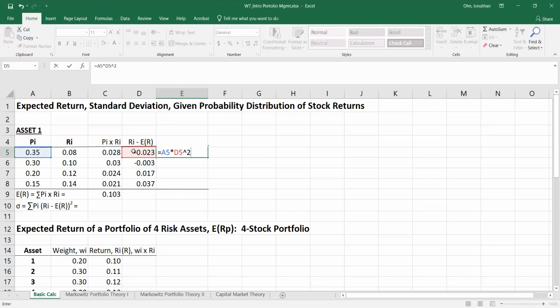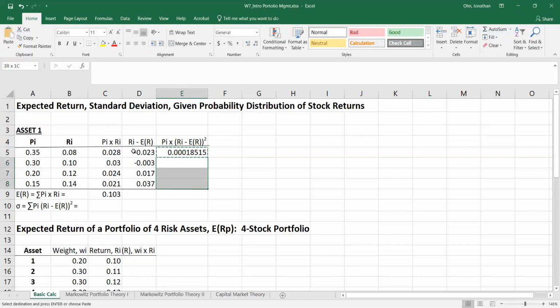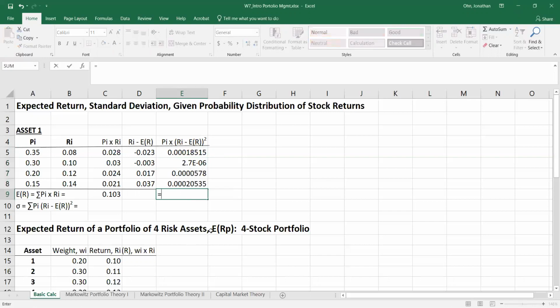So let's calculate each individual weighted squared deviation. We calculated all these squared deviations. Now, if you sum them up, that is the variance.